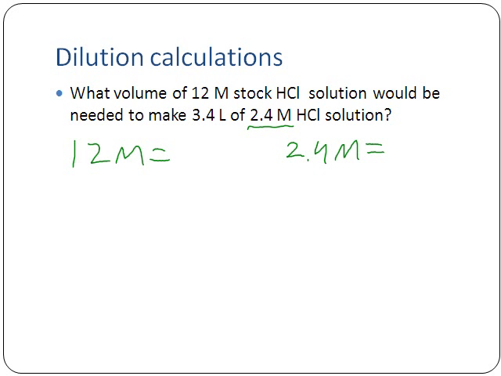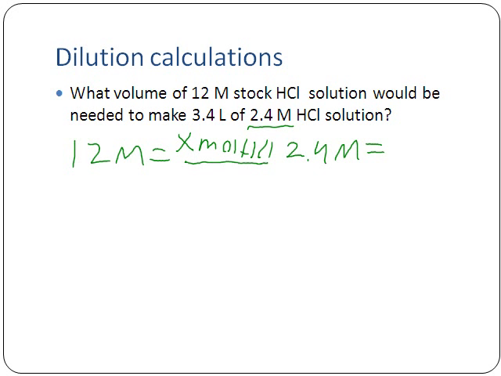Now, once again, we remember that our definition of molarity was moles of solute over liters of solution. So let's look at the 12 molar solution here. Do we know how many moles of solute we have? It says nothing about that. And so as we said before, typically we'll put that we have X moles of our solute, which in this case is hydrochloric acid, HCl, on top, divided by our number of liters of solution.